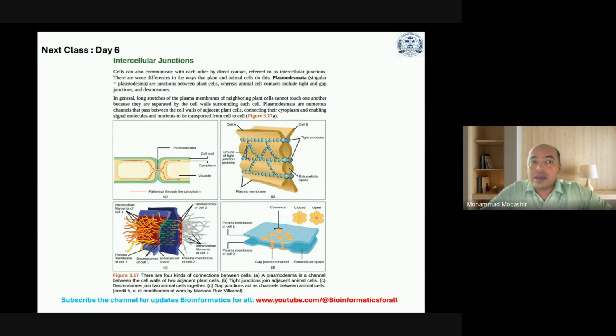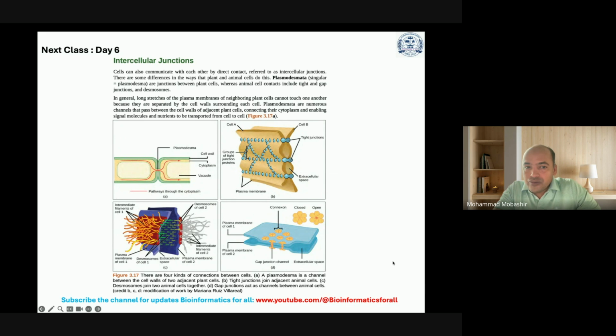Now, in general, the long stretches of plasma membrane of neighboring plant cells cannot touch one another because they are separated by cell walls. So plasmodesmata are numerous channels that pass between the cell walls of adjacent plant cells, connecting their cytoplasm and enabling signal molecules and nutrients to be transported from cell to cell, as you can see here.